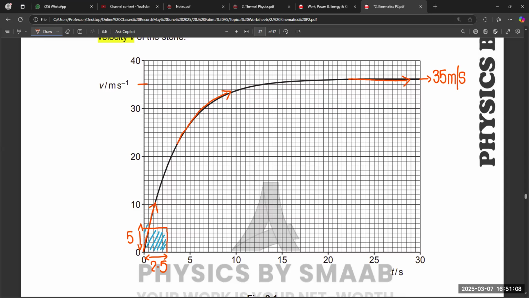So from this scenario, what we discussed, the area of this particular box is equal to 5 into 2.5. So 5 into 2.5 is equal to 12.5. So this is the area of this particular box, right? Any confusion?